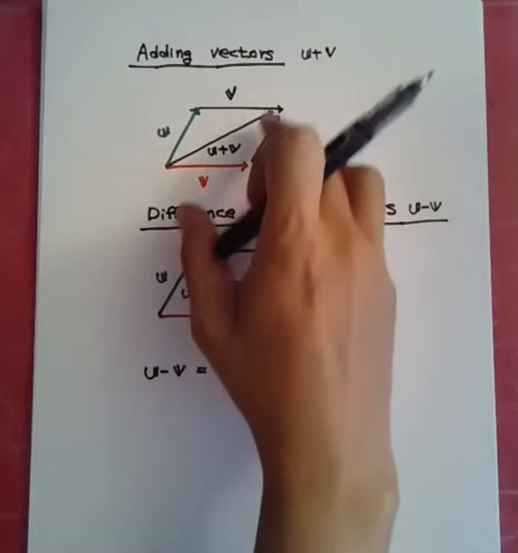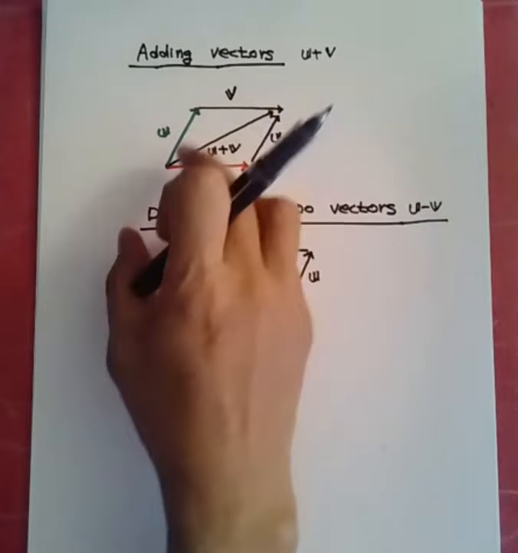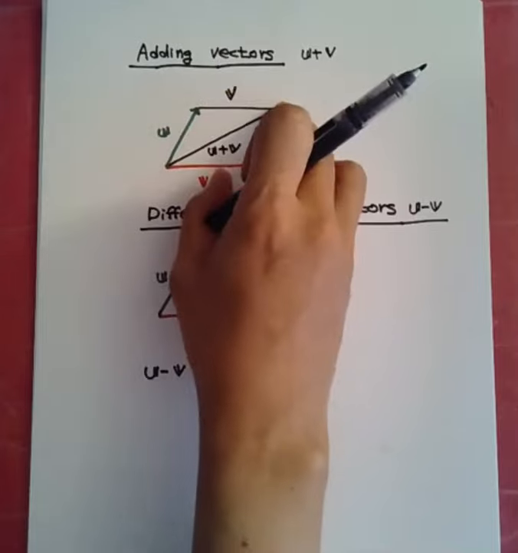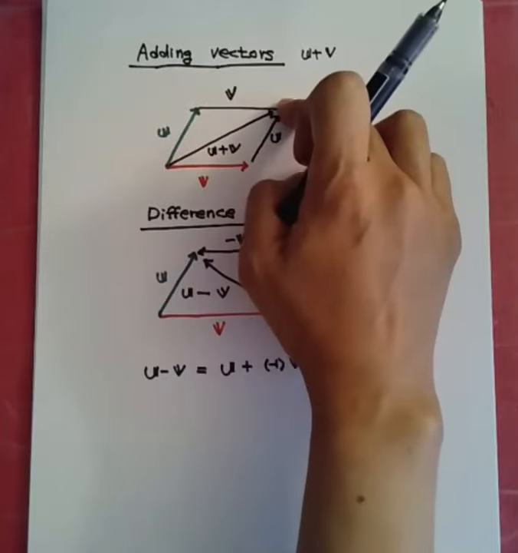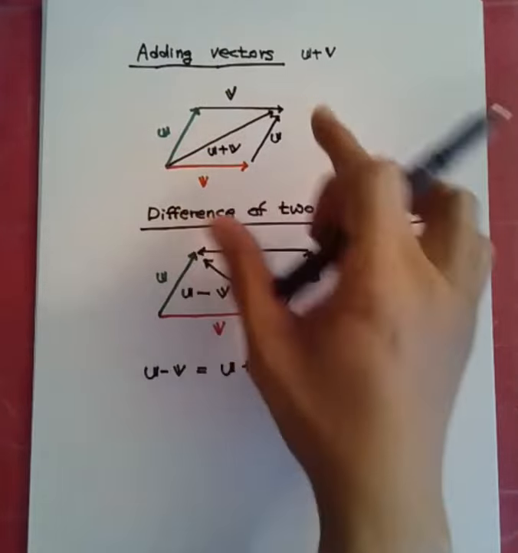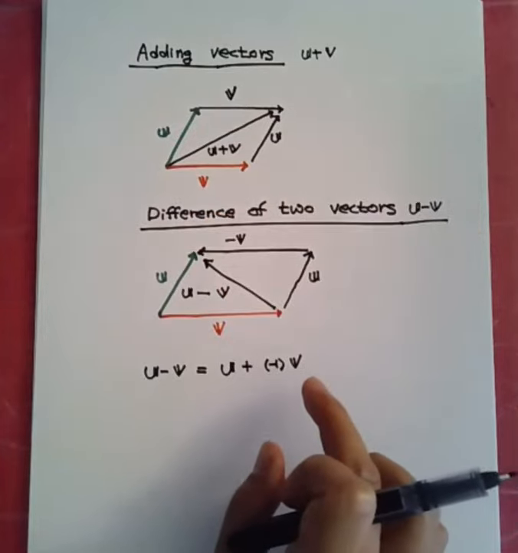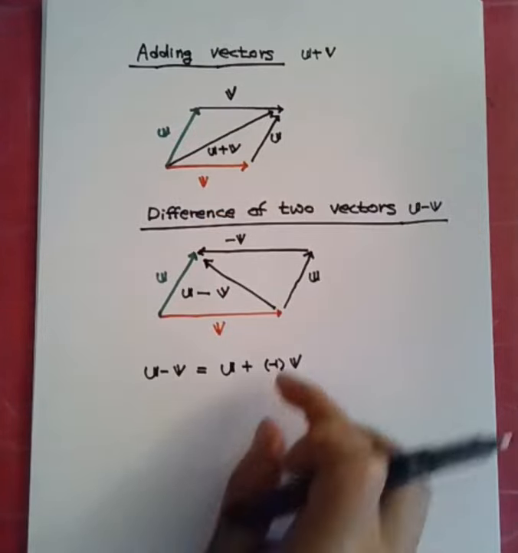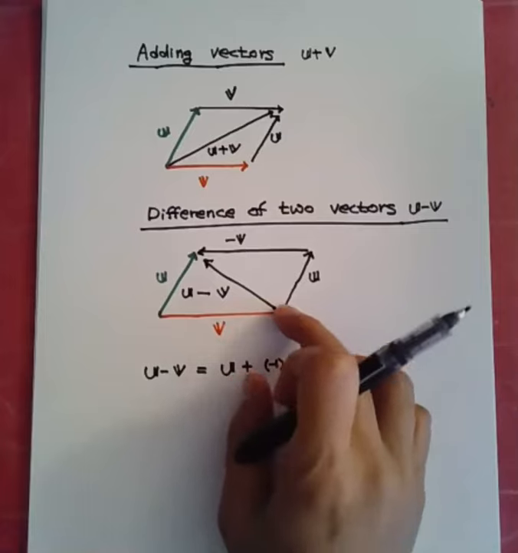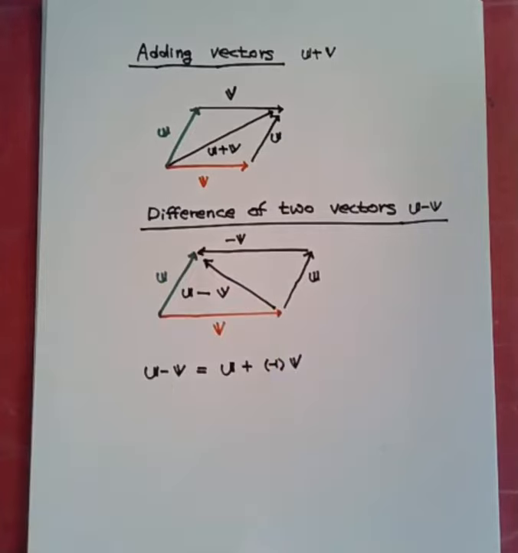You can look at these two combinations, and you can look at these two combinations. You will see the same thing. So we apply that principle when we think about u minus v. We start at one vector and we end at the other vector.